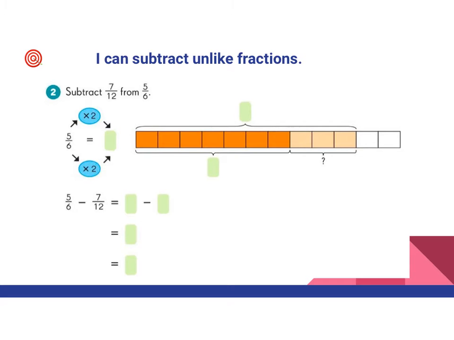Another problem, subtract 7/12 from 5/6. So again, notice how it's worded, and we'll write it like this then, starting with 5/6, because we'll want to start with the larger fraction anyway, minus 7/12. Looking at these denominators, I'll want to take this fraction and find an equivalent fraction with 12ths as the denominator.